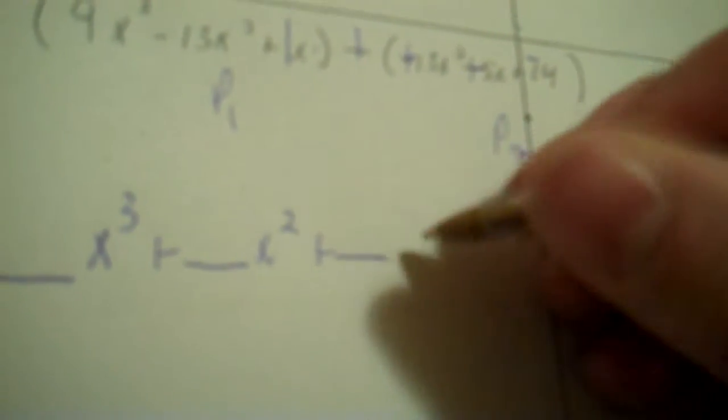So high x third plus blank x second plus blank x plus constant.